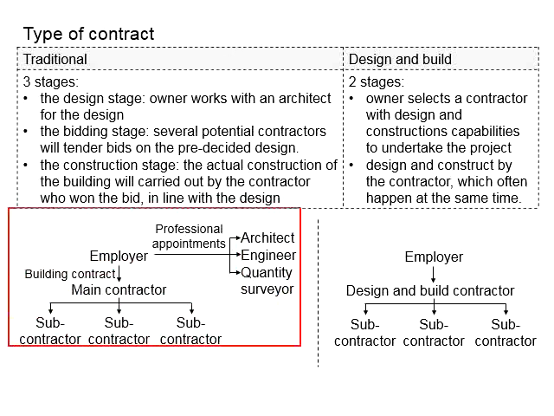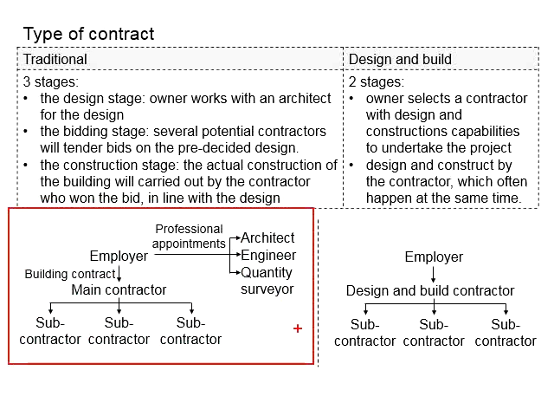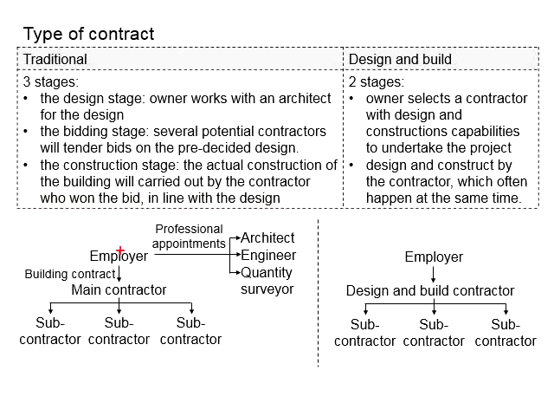The diagram here shows the relationship between the members within the traditional contract. First, we have the employer. The employer appoints the professionals to do the professional works. This includes the architect, the engineer, and the quantity surveyors.